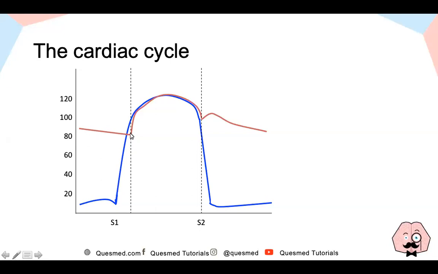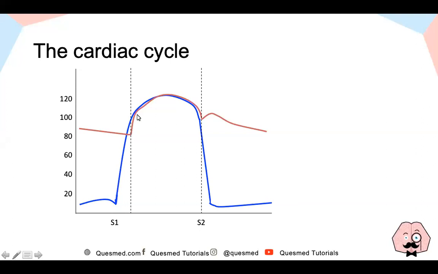This point here is the point at which the aortic valve opens and blood can start to flow from the ventricle into the aorta. That is because the pressure in the ventricle is higher than the pressure in the aorta. So that would be the aortic valve opening and blood moving into the aorta.